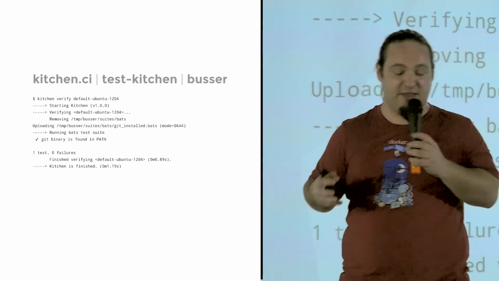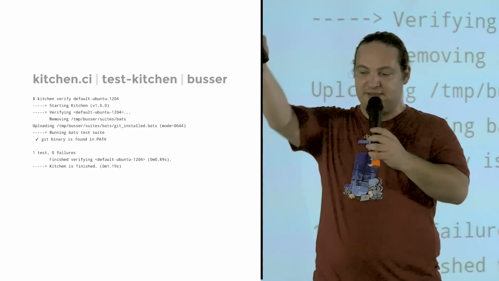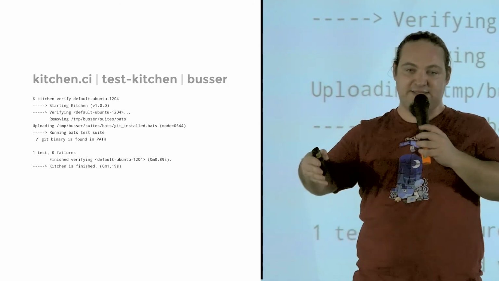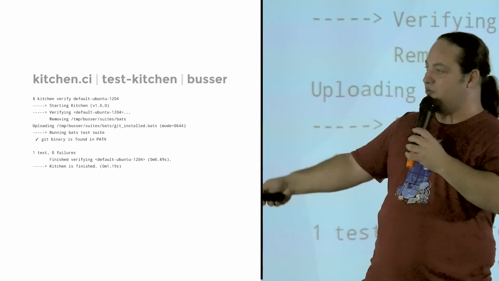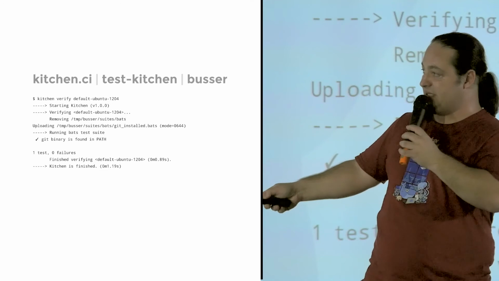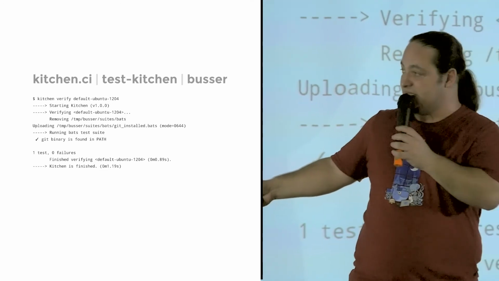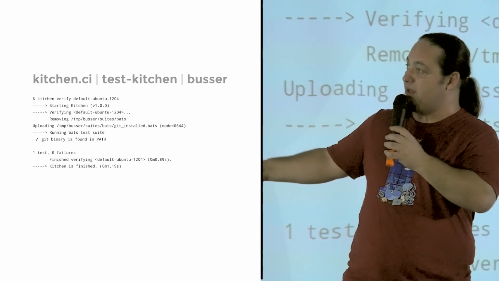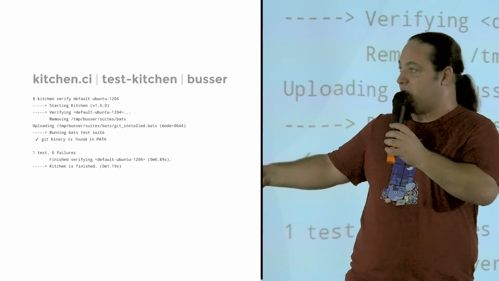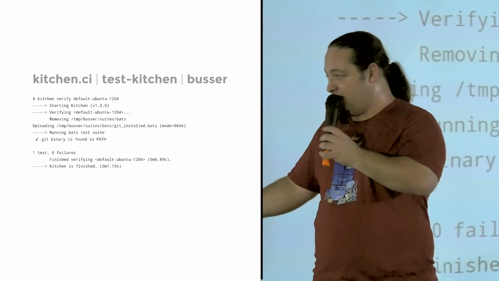So if you say, I want to have Docker Ubuntu, and in that Docker Ubuntu, this is the folder with all my tests, run my Chef recipes and then run my tests, it would do all the integration tests. So this is like the BATS test we showed before that checks that Git is installed. You run it, it brings up a new Ubuntu server or Docker container and gives you a result if it failed or didn't.